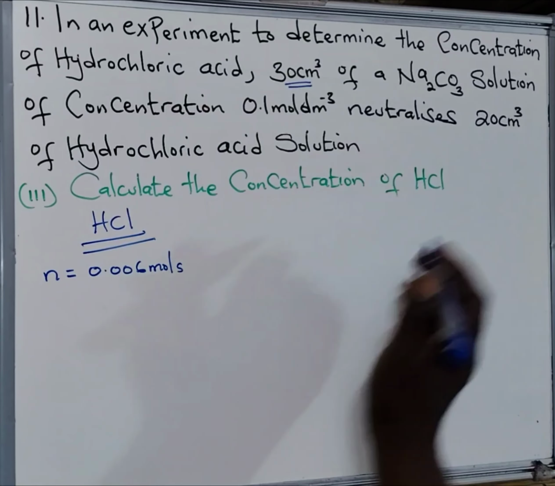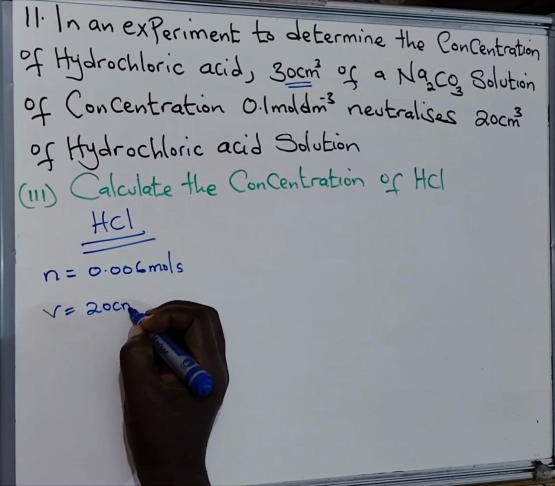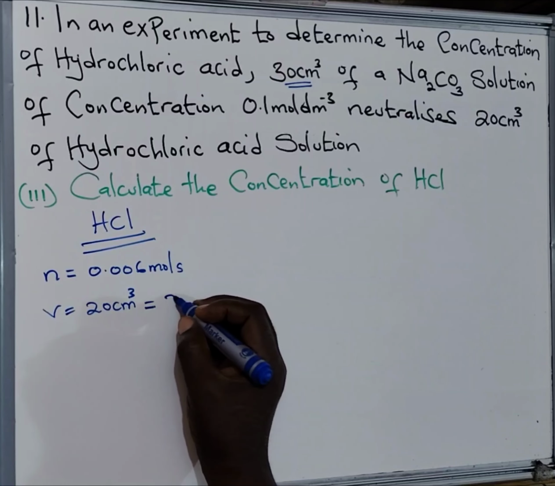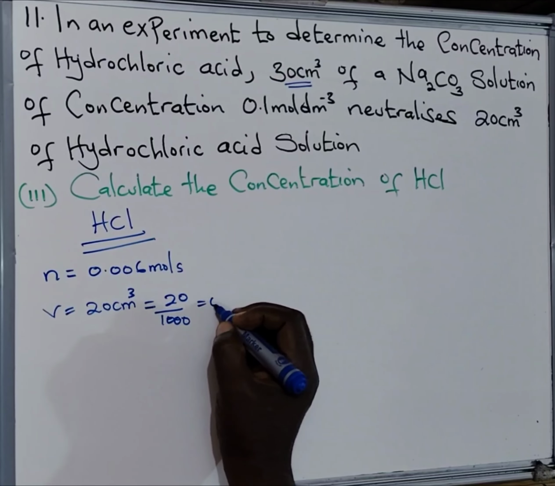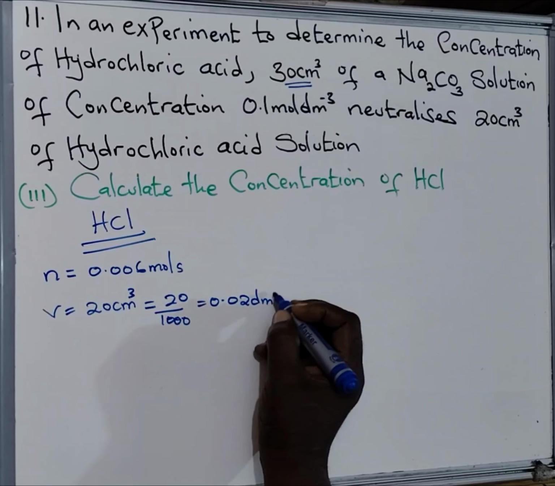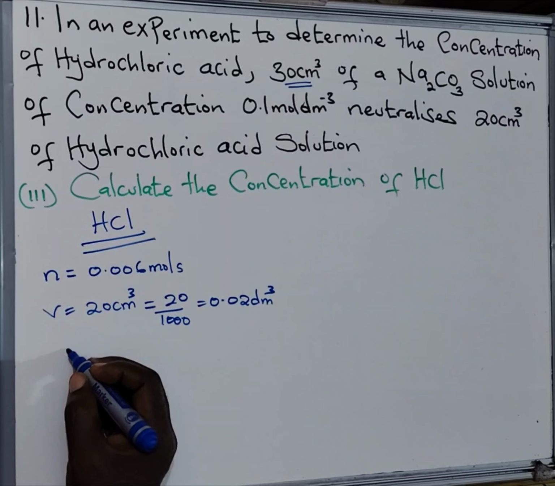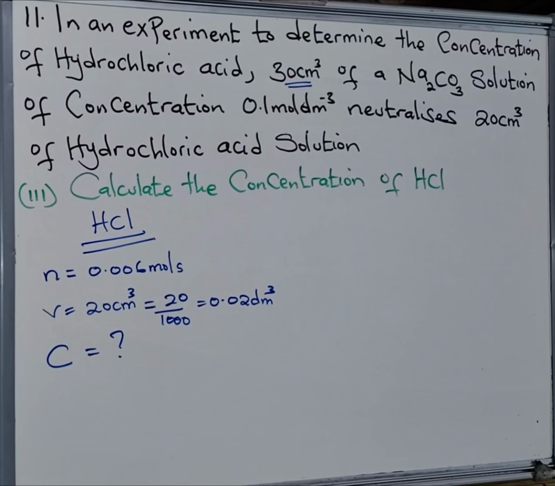We know the volume which reacted, and it is 20 cubic centimeter. Converting this one to cubic decimeter, you divide by 1,000 to give you 0.02 cubic decimeter. So what is pending here? It is the concentration which we are looking for.